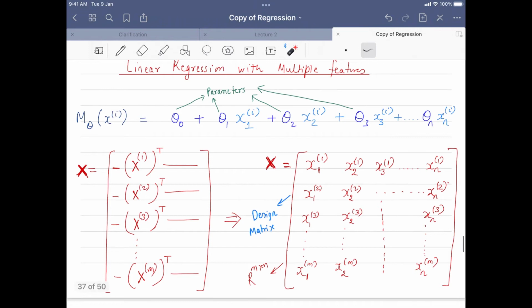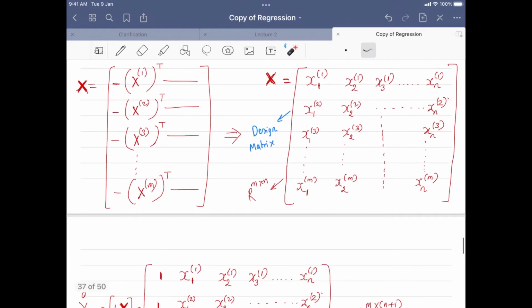So once you do the transpose of that, you will get this. Similarly for this up till m, you will get this matrix, which we are calling the design matrix, and it is also bold X. Note that the dimension of this matrix is m cross n.